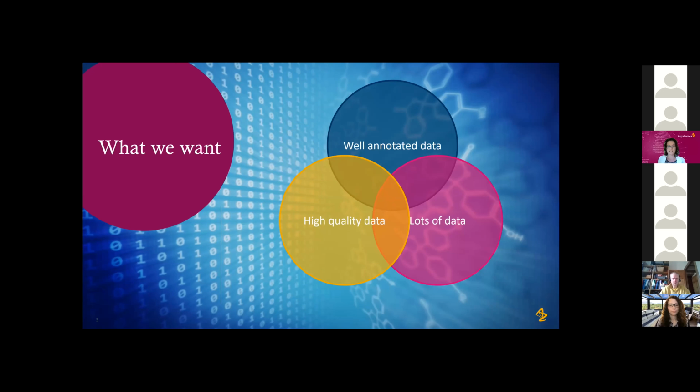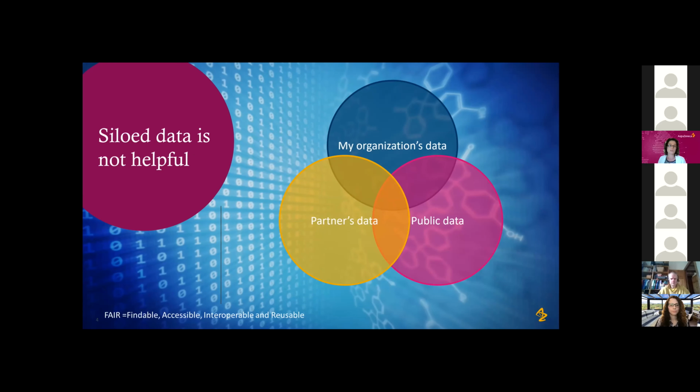So how do we get a lot of data? Well, basically, you could envision merging your data with your partner's data and with the public domain data. But the problem is that it's a little bit tricky to merge these because those data sets are often siloed and described and labeled in very different ways, and maybe they also lack metadata for you to be able to take the decision.